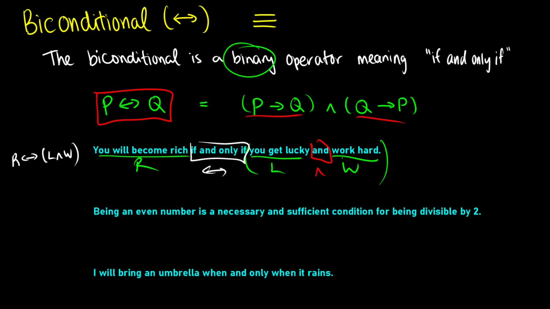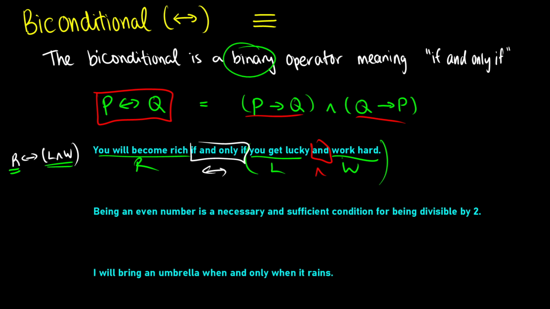It needs two propositions. So R is one of our well-formed propositions, and L and W is another one of our well-formed propositions. So it can only have essentially one unit on each side. So by putting the brackets around L and W, we make that one unit to use this biconditional operator. In the next video, syntax of propositional logic, we're going to cover more about what that means.